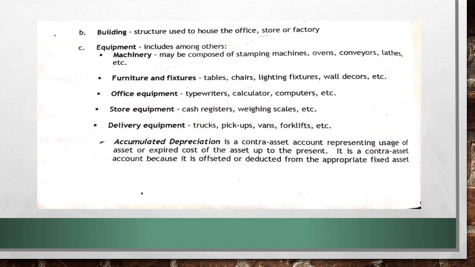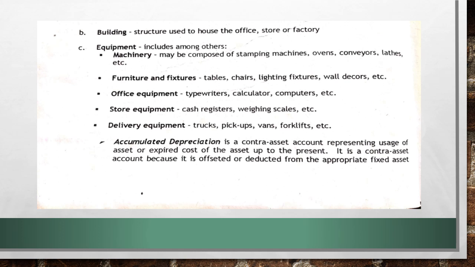Say, for example, when you purchase calculator or computers, you have to record that one as part of your office equipment. When you record it, that's cash, debit, office equipment, credit, cash. Another, when you purchase some chairs, tables, you record that one as furnitures and fixtures.